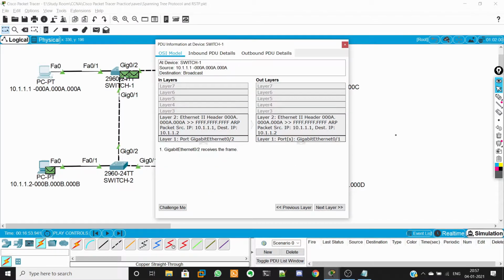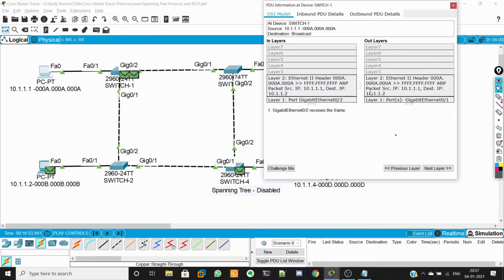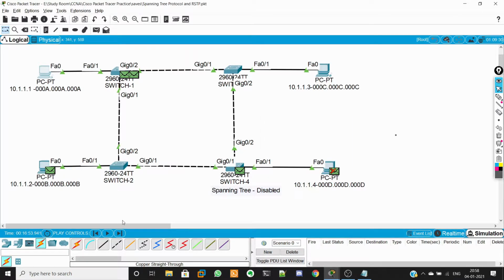Now, this is the broadcast frame which is copied by switch 2, and again the broadcast frame is sent to this switch. Now, carefully see.